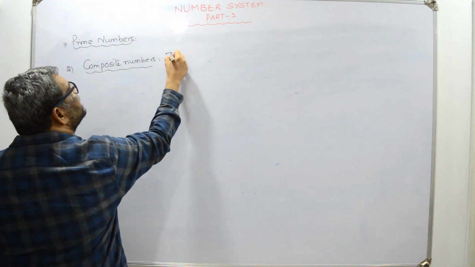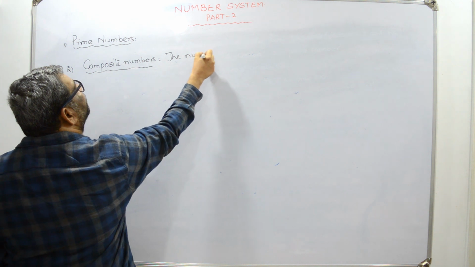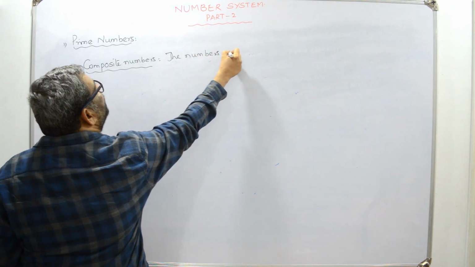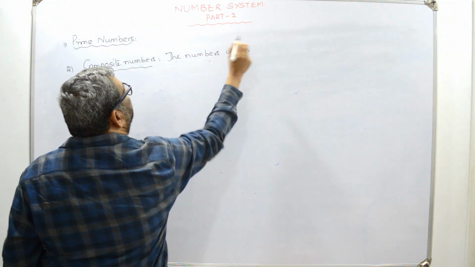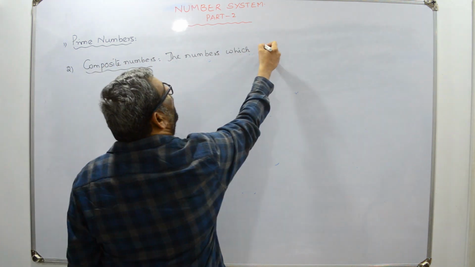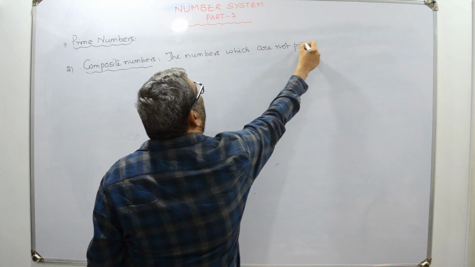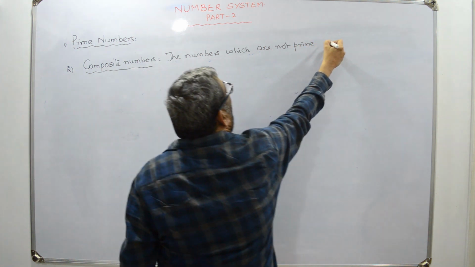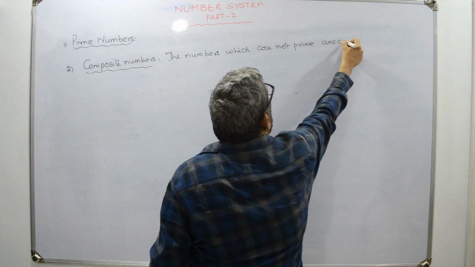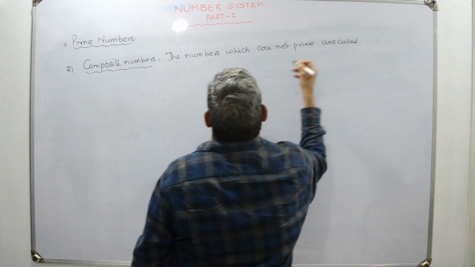The numbers which are not prime are called composite numbers.